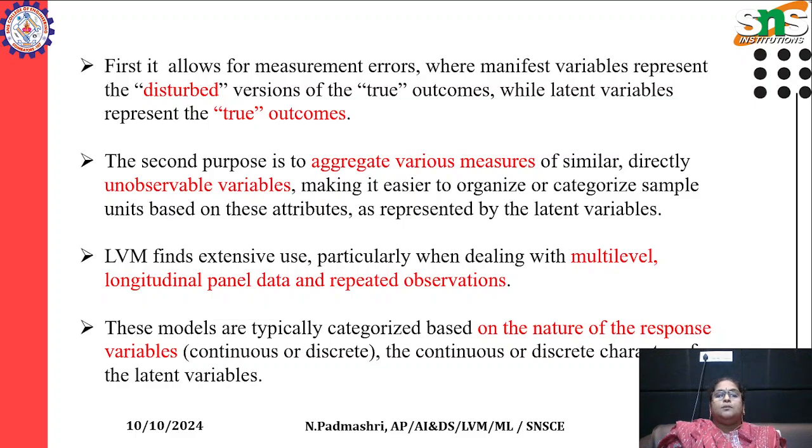First, it allows for measurement error, where the manifest variables represent a distorted version of the outcomes, and the latent variable represents the true outcome. That is the distorted version; this represents the true outcome. The second purpose is to aggregate the various measures of similar unobserved variables, because it is easy to organize or categorize the sample units based on the attributes represented by the latent variable.